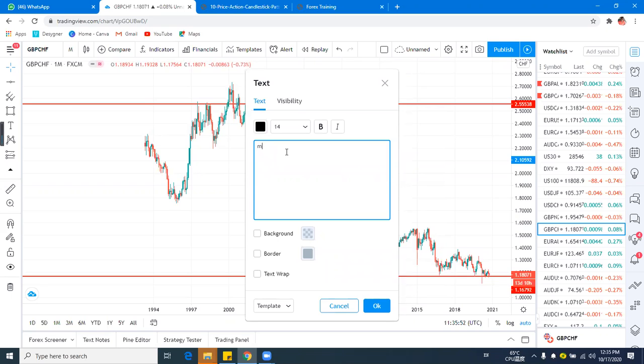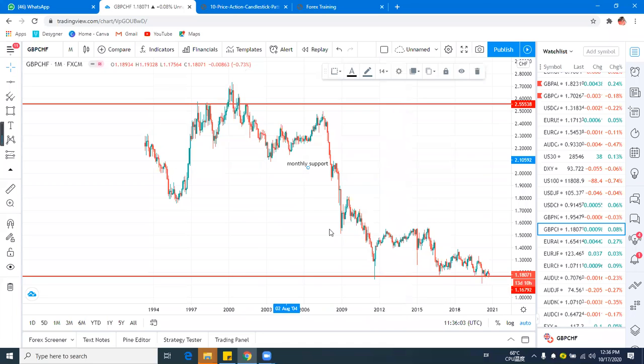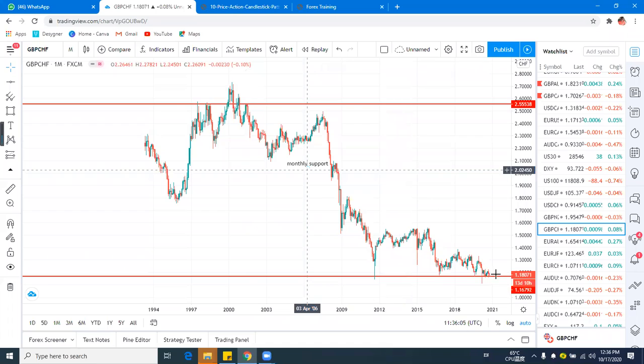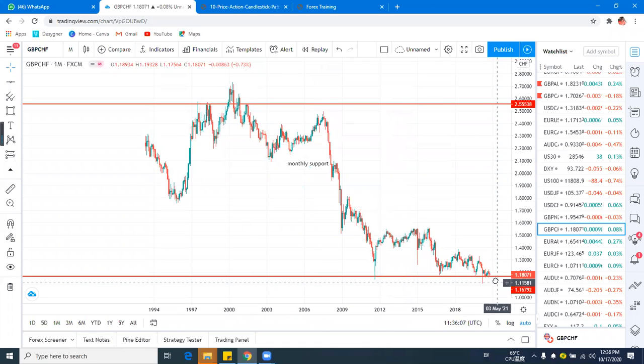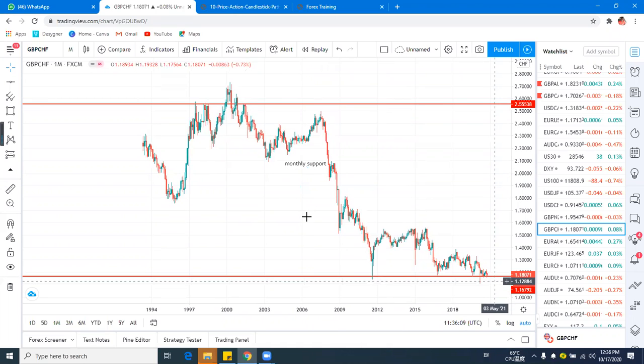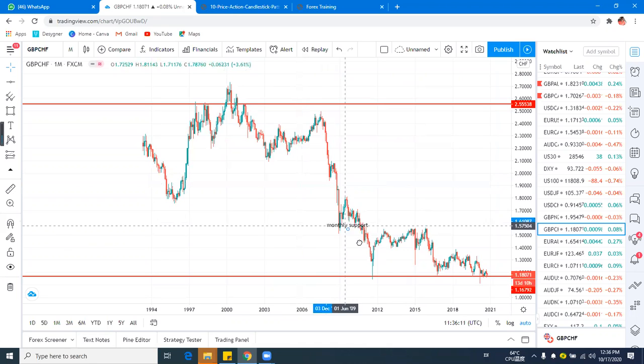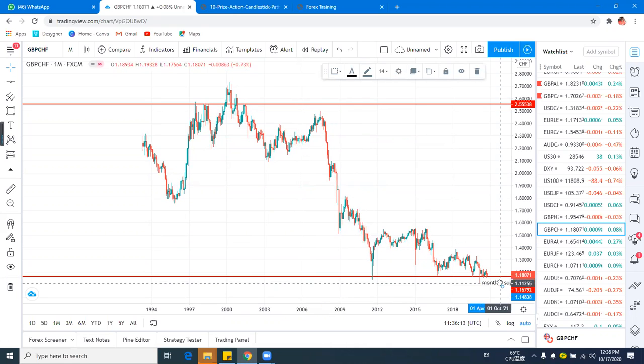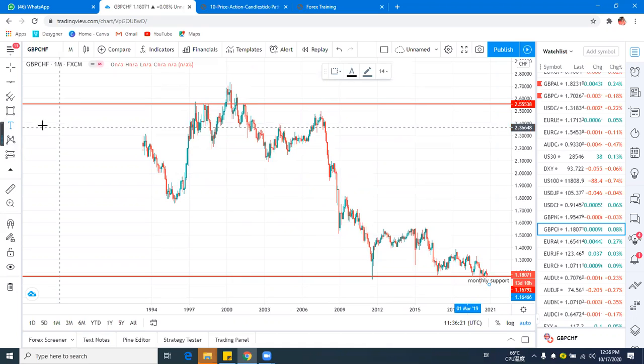Monthly support. These are our monthly support here. You see, I named it. If you don't want to name it, it's fine. But I'll name it for the sake of this class.